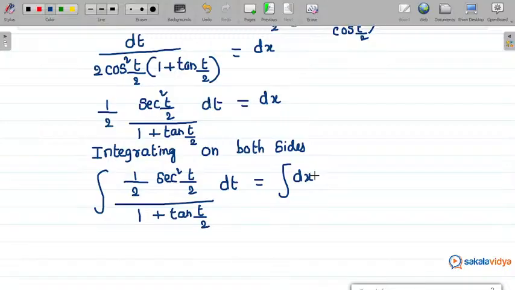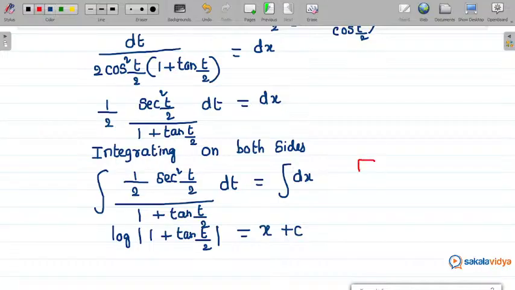See, my dear students, a very interesting step we are going to get here. The derivative of 1 plus tan t by 2 is secant square t by 2 into half. So this is f dash x by f of x, and we can write this as log mod 1 plus tan t by 2 equal to x plus c.